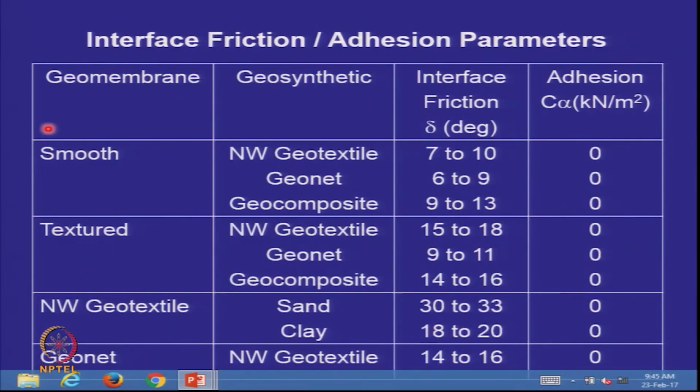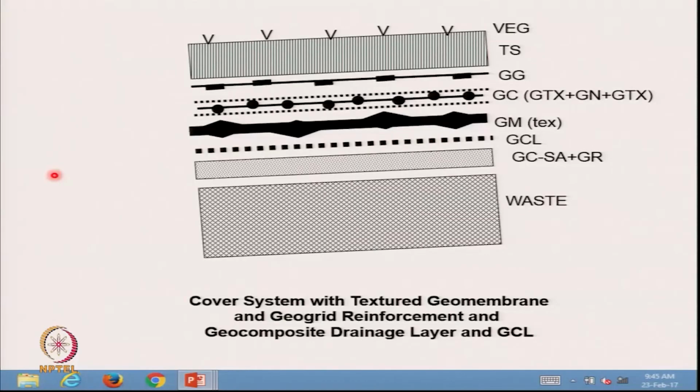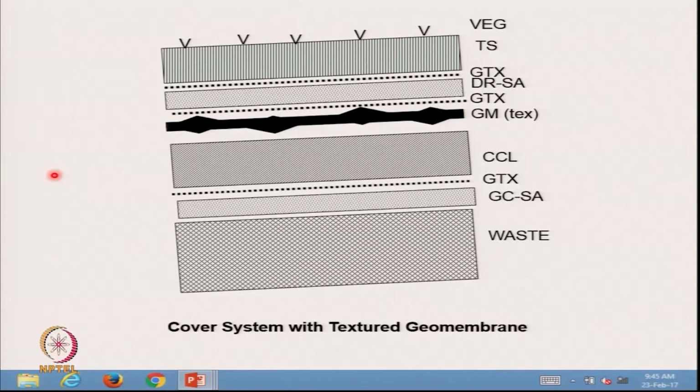We also looked at the interfaces. If you look at these interfaces, you will see that it's no longer a sand to geomembrane interface, it is the geotextile to geomembrane interface. Earlier we said, if you place the sand directly, what happens?